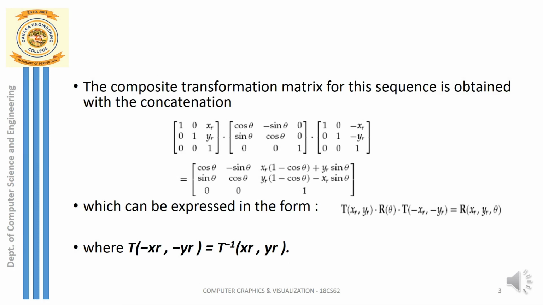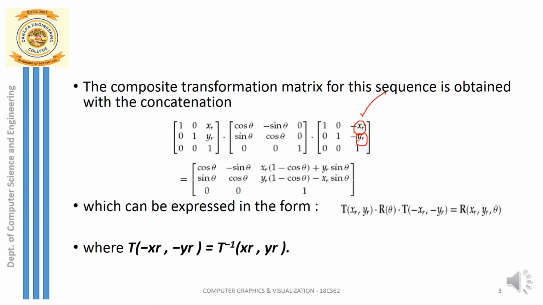You can just see here the sequence of transformation, or the matrices that we are concatenating. So you can see, as I already said, the reverse translation matrix 1 0 minus xr and minus yr. So what is this? The reverse translation, x component of translation, and this is the y component of translation, minus xr and minus yr.